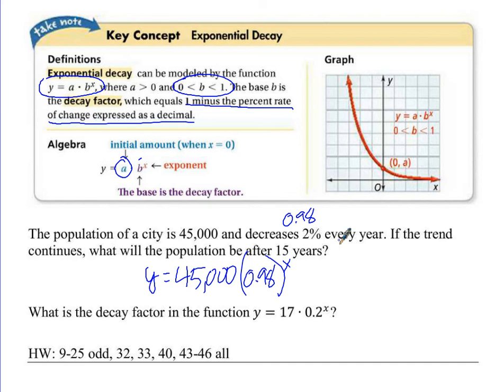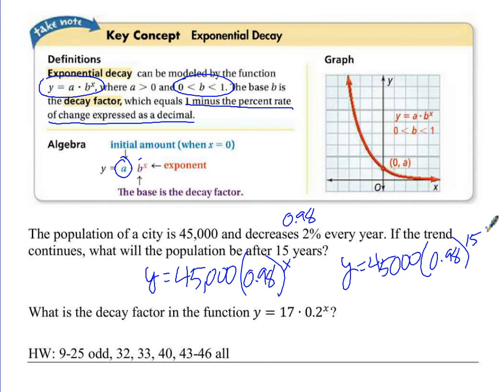Okay, so what will the population be after 15 years? What do we got to do? Plug in 15 for x. So we have y equals 45,000 times 0.98 to the 15th power, because 15 goes in for x.